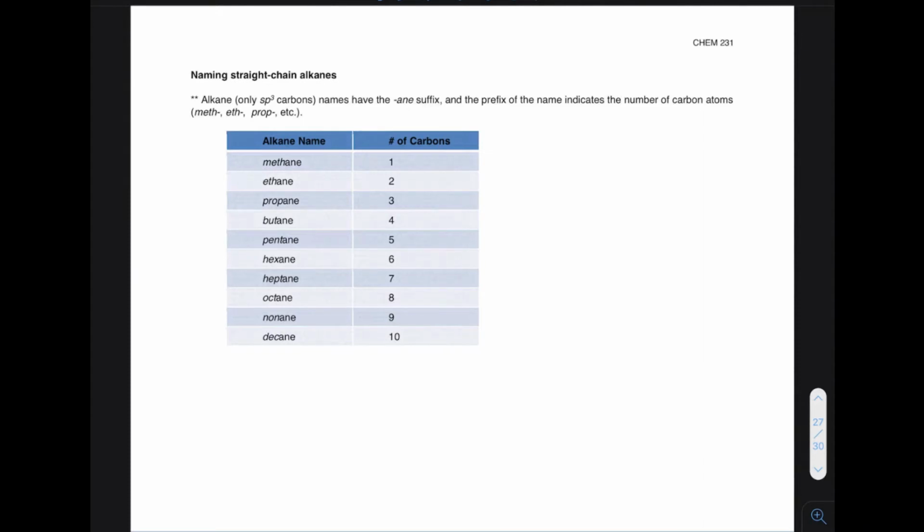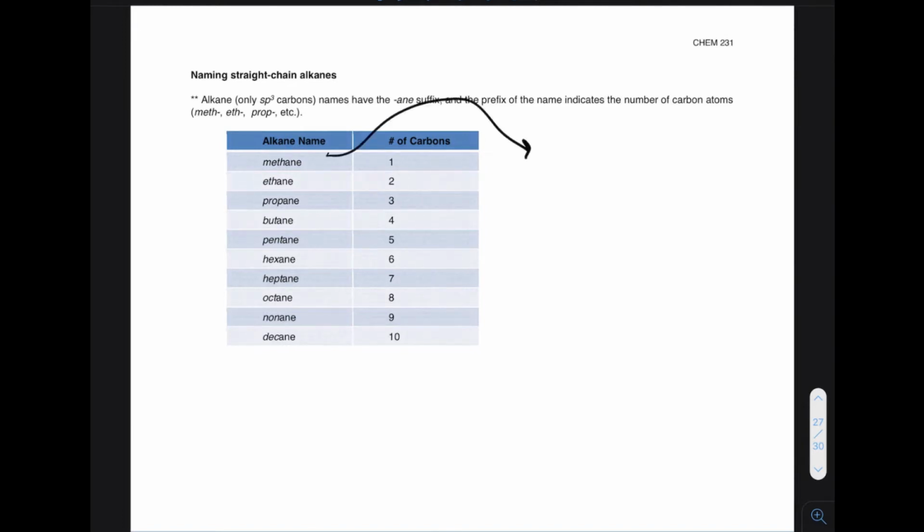Instead of just having alkane, which is the general term for these hydrocarbons, we can define it further, and we can change the prefix of the name to indicate the number of carbons. We have a little chart here: meth is 1 carbon, eth is 2, prop is 3, but is 4, and so on.